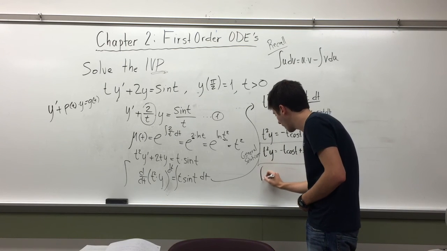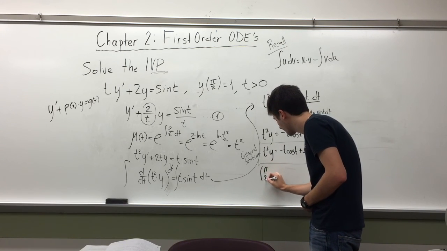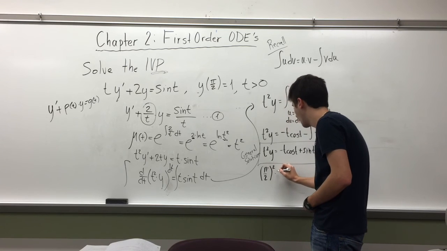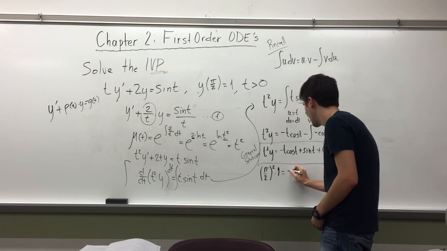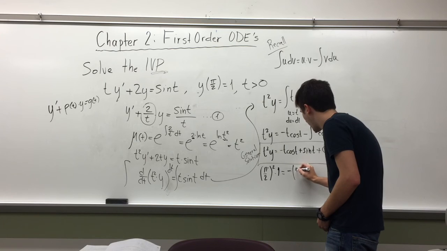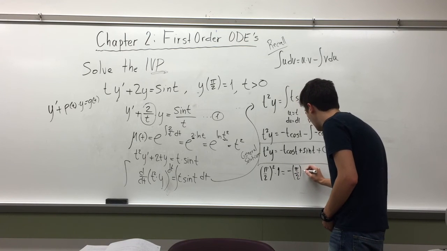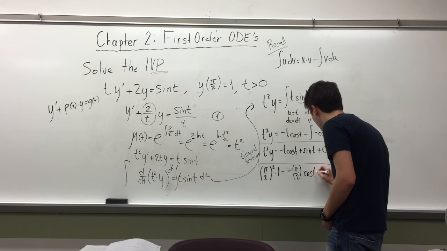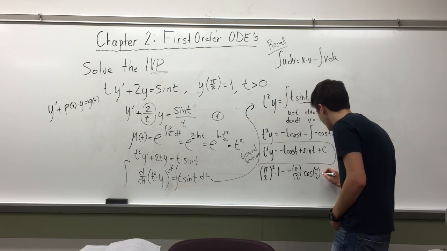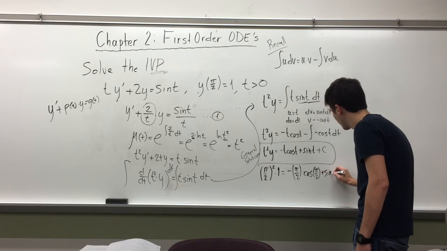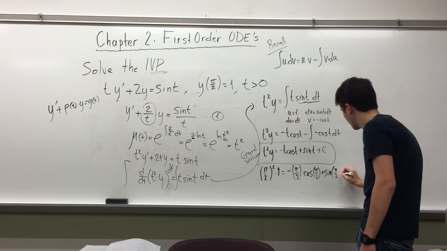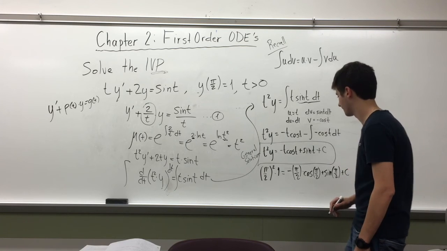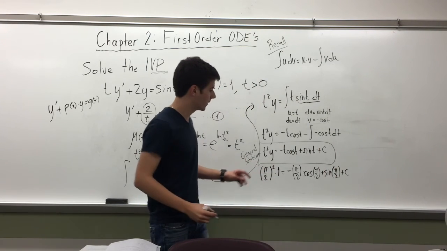pi over 2 squared times 1 is equal to negative pi over 2 times the cosine of pi over 2 plus the sine of pi over 2 plus c. We just plug this in.